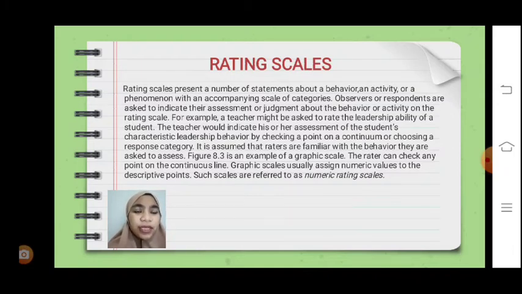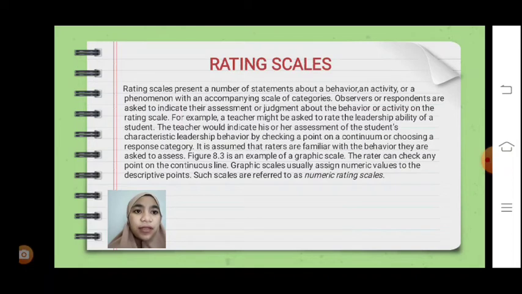I will present rating scales. Rating scales present a number of statements about a behavior, an activity, or a phenomenon with accompanying scales of categories. Observers or respondents are asked to indicate their assessment or judgment about the behavior or activity on the rating scale.